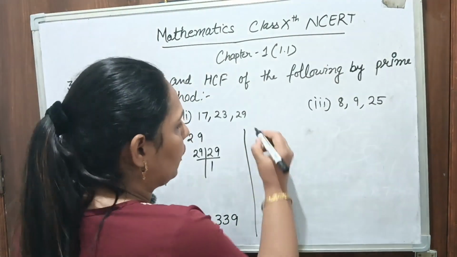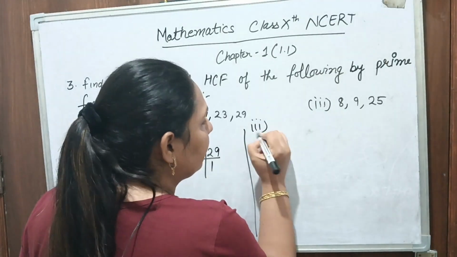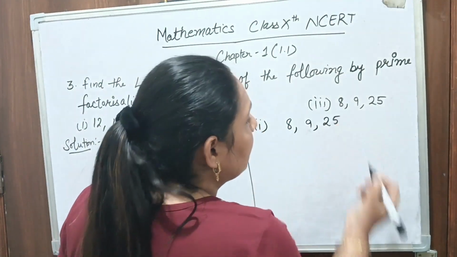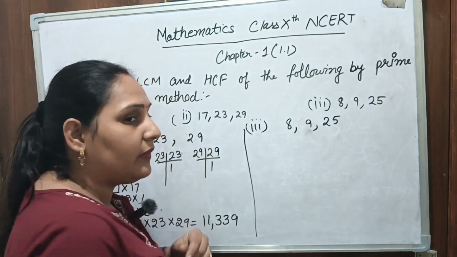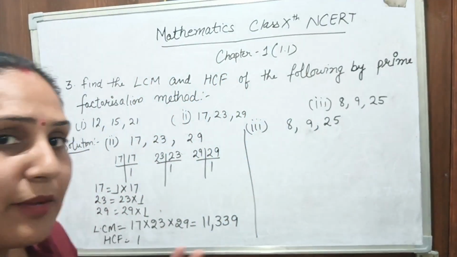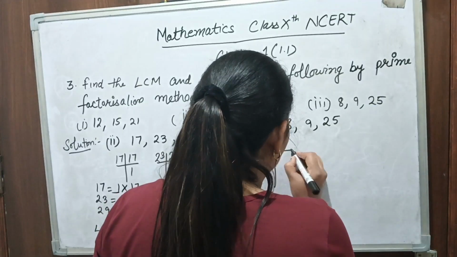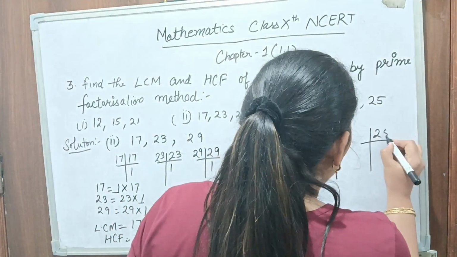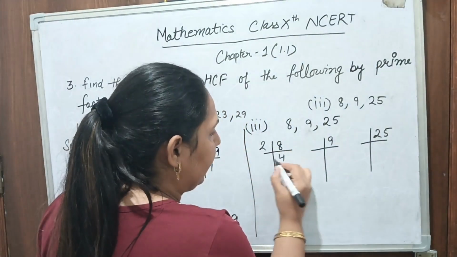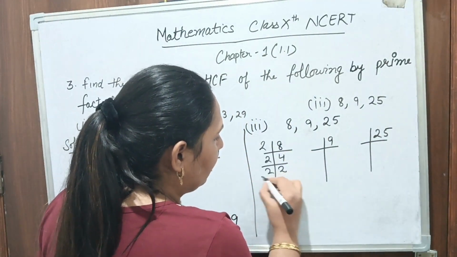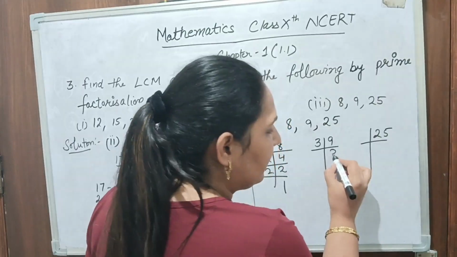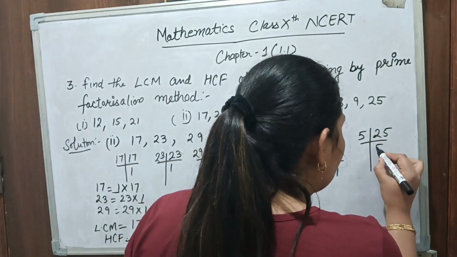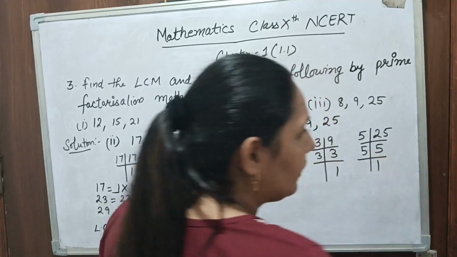So now we are solving part number 3. In this we have to find the prime factors of 8, 9 and 25. After that we will find LCM and HCF. 8, 9 and 25. 2 4s are 8, 2 2s are 4, 2 1s are 2, 3 3s are 9, 3 1s are 3, 5 5s are 25, 5 1s are 5.